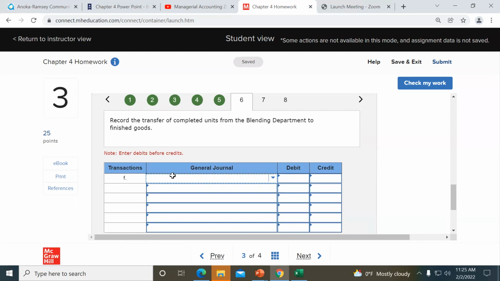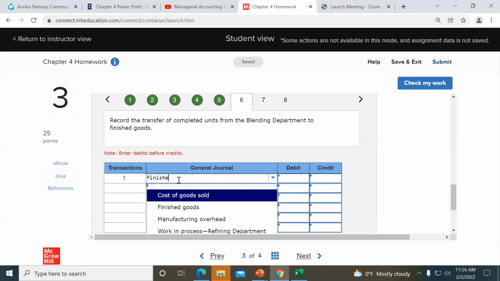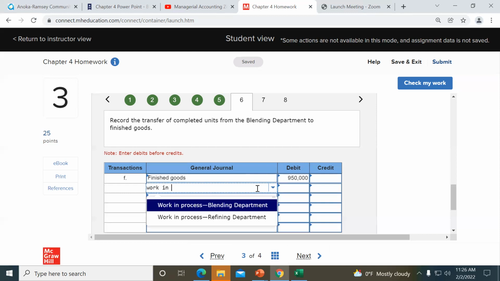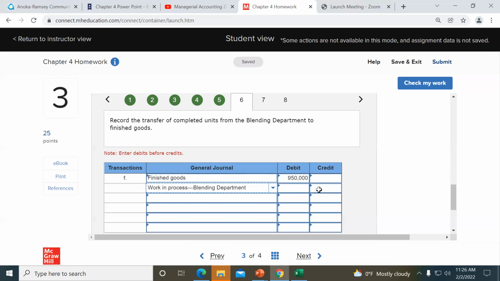It then tells us units that were complete with respect to processing in the blending department that were transferred to finished goods, 950. So we will debit our finished goods, 950. And we'll take work in process, blending department.